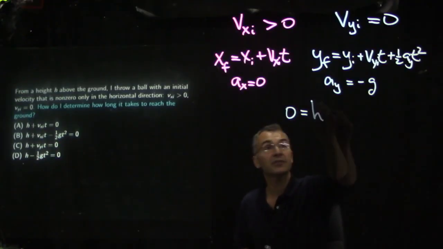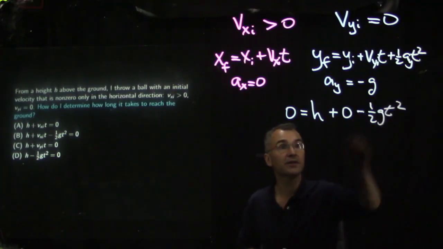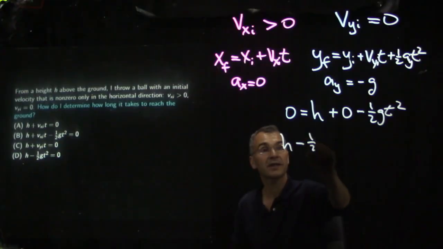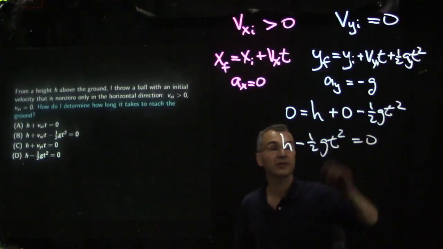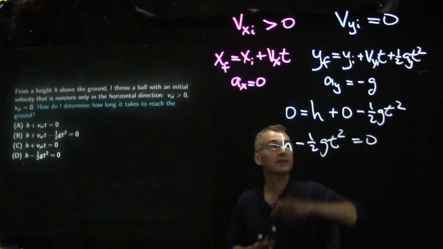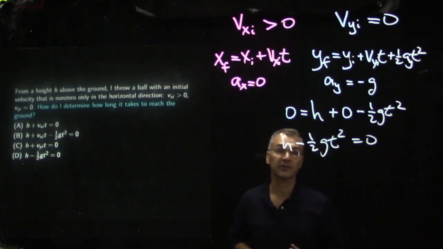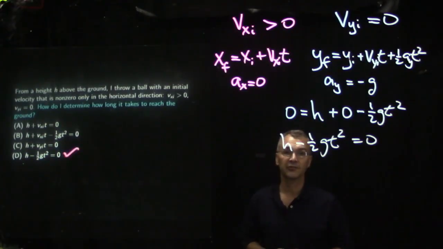Y initial is h, and then we said v sub y is 0, and a sub y is minus g, so that's minus 1/2 gt squared. So h minus 1/2 gt squared equals 0. In other words, y final is 0, y initial is h, and then we have this 1/2 at squared term, and the acceleration is minus g. So the minus 1/2 gt squared indicates its fall under the constant force of Earth's gravity. So I think I like answer D, Delta.